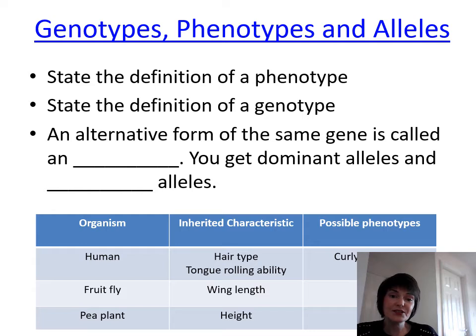And this is just a wee stop point, if you like, just before we move on and talk about genetics crosses and start to use these terms in a wee bit more detail. Make sure you know what a genotype is, make sure you know what a phenotype is, and make sure you understand the term alleles and what that means.